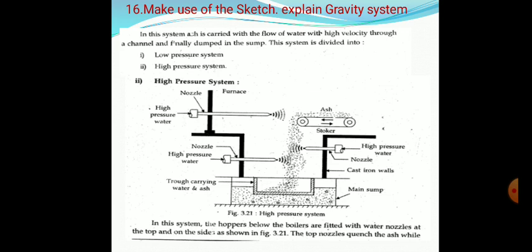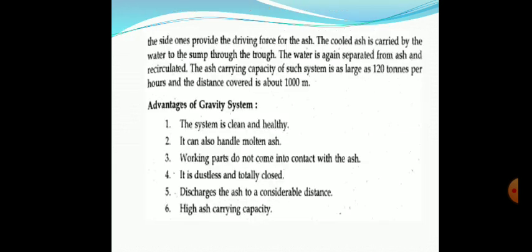The top nozzles quench the ash while the side ones provide the driving force for the ash. The cooled ash is carried by the water to the sump through the trough. The water is again separated from ash and recirculated.